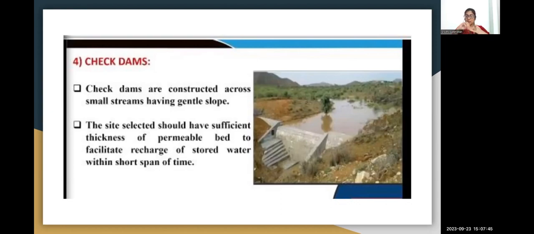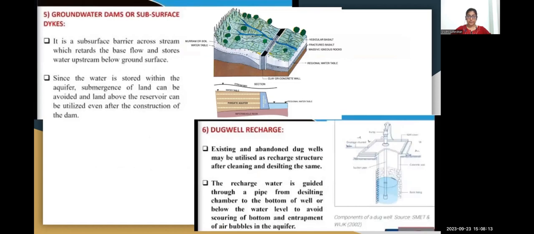So gully plugs are along light streams where there's a break in the slope of the stream. Contour bunds are along steep terrain where generally the rainfall is low and the runoff can be impounded. Gabion structures are along the banks of rivers, and check dams are for small streams with gentle slopes.